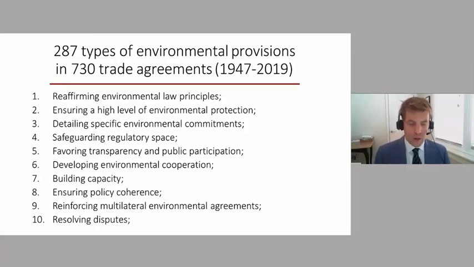The ninth one is reference to multilateral environmental agreements, because trade agreements very often will refer to multilateral environmental agreements. They will ask their parties to ratify them, or to implement them, or they will provide that in case of inconsistency between a trade agreement and an environmental agreement, the environmental agreement should prevail. And the last category regards dispute resolution.